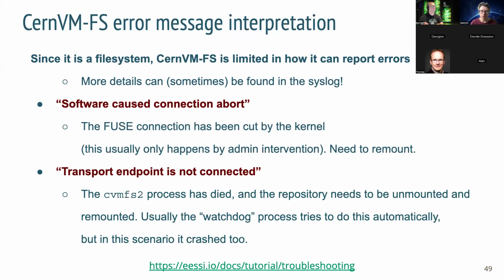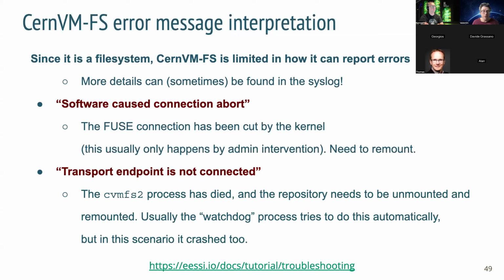There's a FUSE kernel module and the FUSE client module, which is our cvmfs2 process. And as a last resort, you can tell the kernel to cut this FUSE file system. Usually this only happens when an admin intervenes and does this, and then you need to remount the repository. There's no way to recover from this. You need to remount CVMFS.